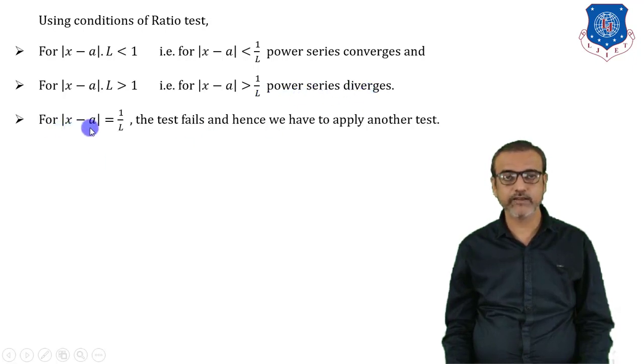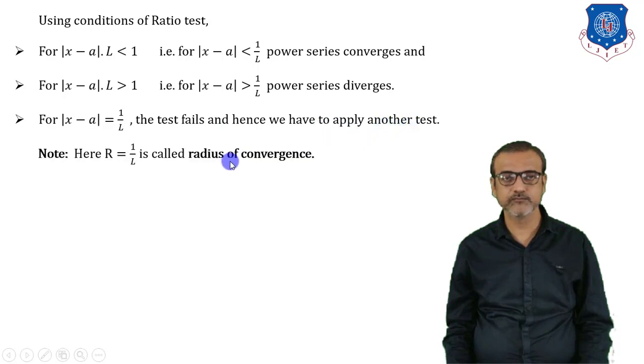For modulus of x minus a equals 1 upon L, the test fails, hence we have to apply another test. Now you have to note down this important point, that R equals 1 upon L is called radius of convergence.